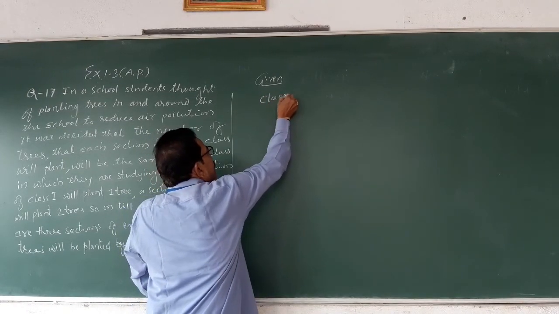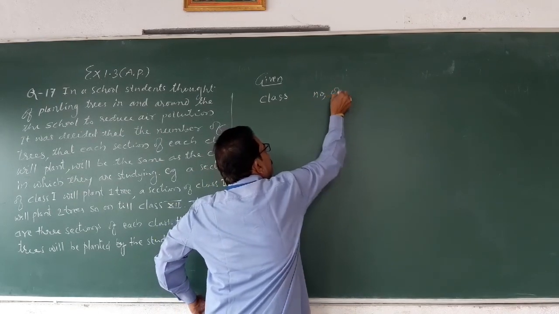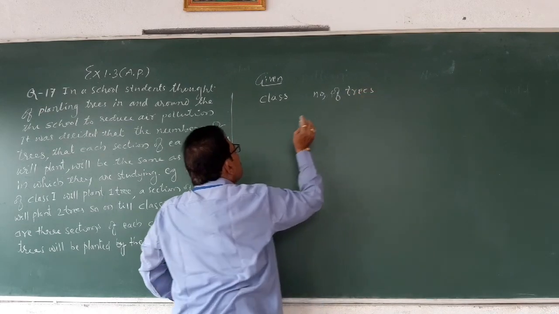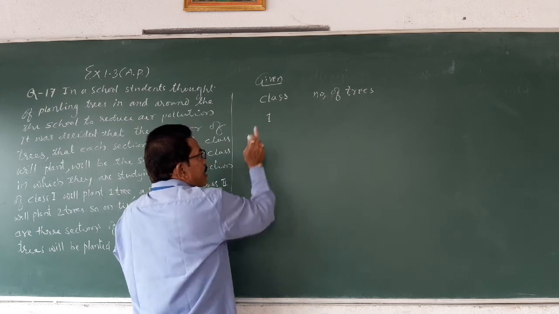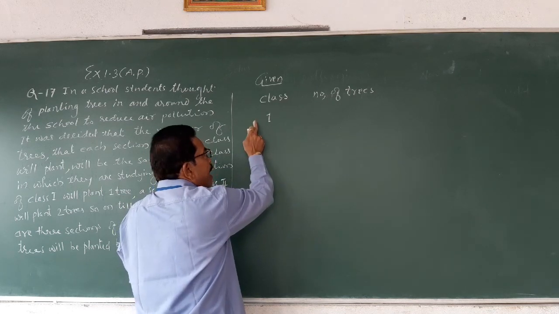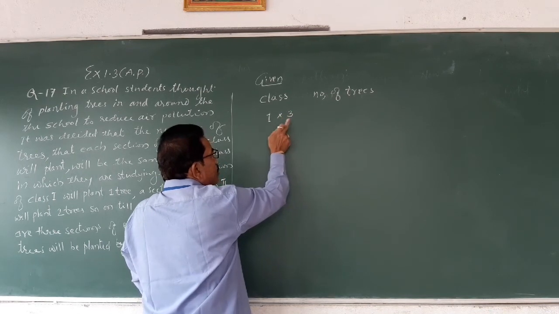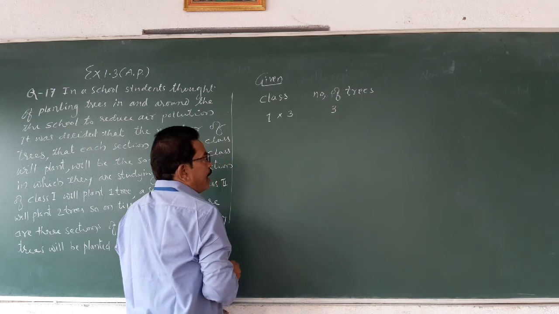Classes, number of trees. Say class 1. What is the condition? There are 3 sections, and each class has to plant trees. So for class 1, the number of trees will be 3.